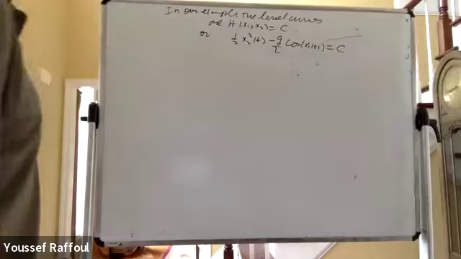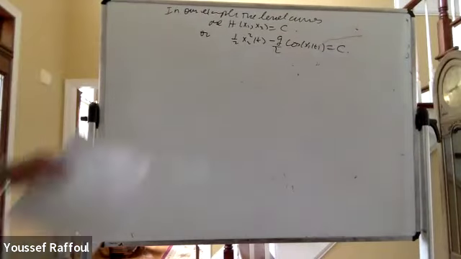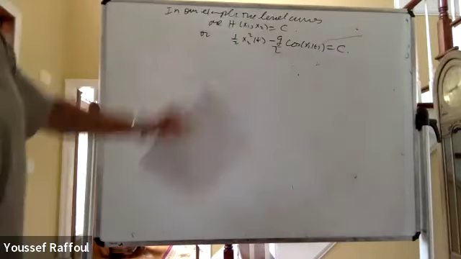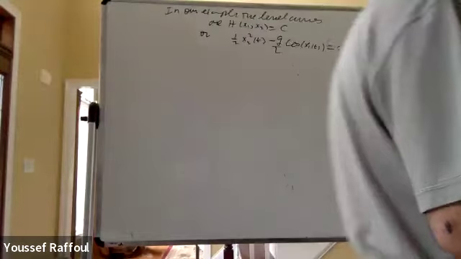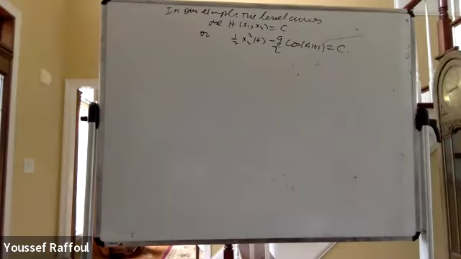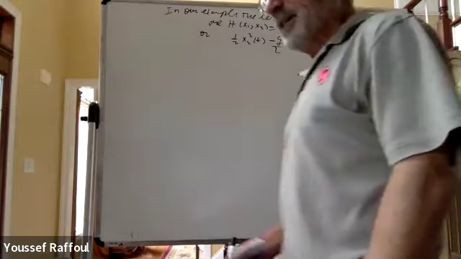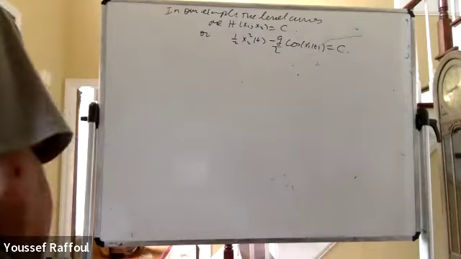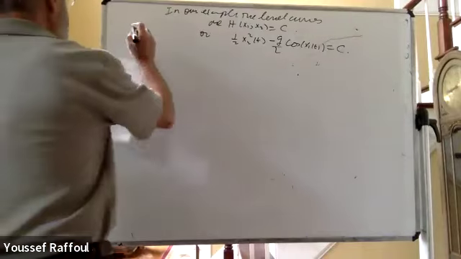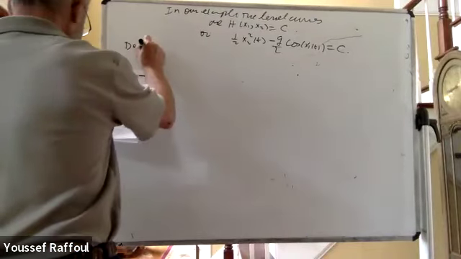Okay? These are the level curves. Because we showed that the derivative of H with respect to t along the solution is 0. You integrate that, you get H(x1, x2) equal to a constant.